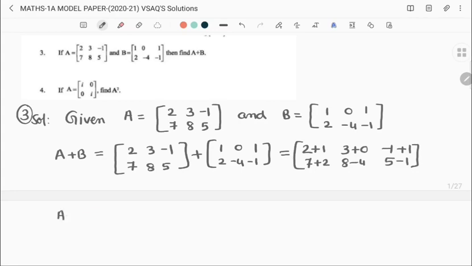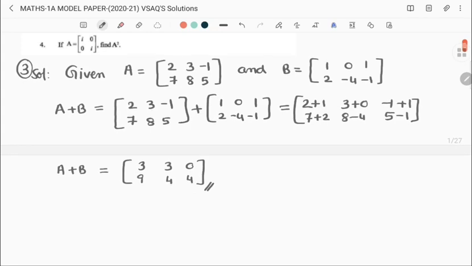So A plus B is equal to 2 plus 1 is 3, 3 plus 0 is 3, minus 1 plus 1 is 0, 7 plus 2 is 9, 8 minus 4 is 4, 5 minus 1 is 4. So that's all. This is A plus B. It's a very simple question. We'll move on to the next question.